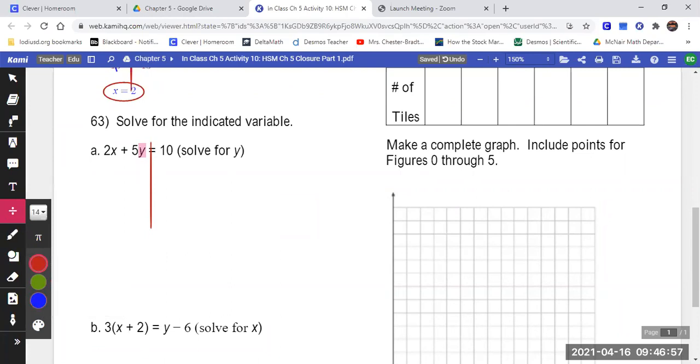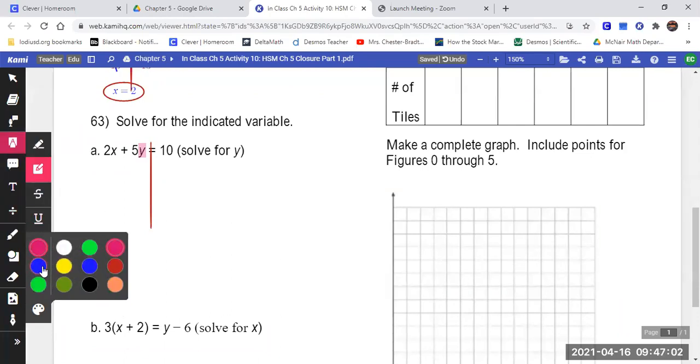So we have to handle addition and subtraction first. We have to handle getting things away from the y. So what needs to move if we need it away from the y? Because it doesn't have a y on it. Yeah, we have to get this 2x out of there.